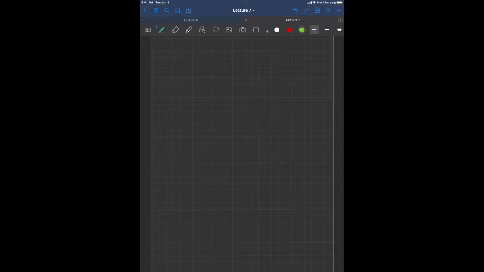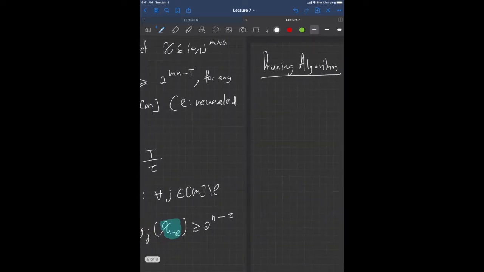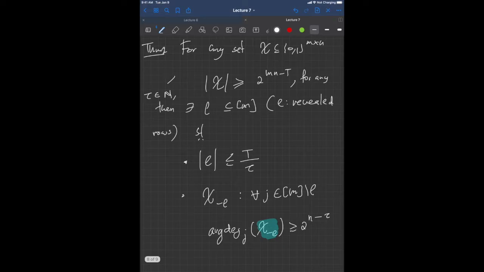So we start with the matrix X. This is the pruning algorithm. The task of this algorithm is to identify revealed rows and output them, and then we'll prove that the revealed rows output by this algorithm satisfy all the properties claimed by this theorem.